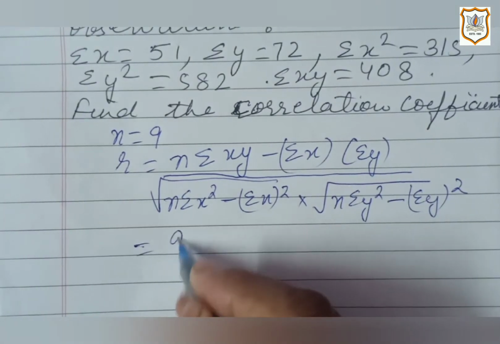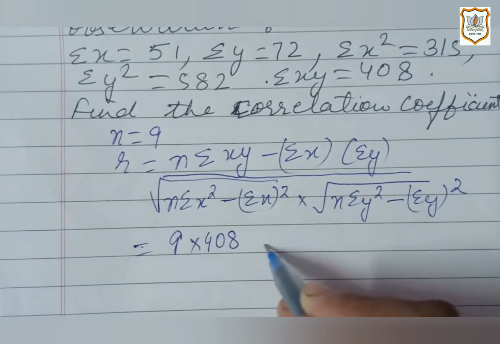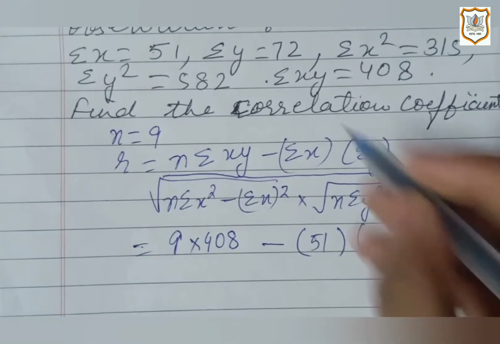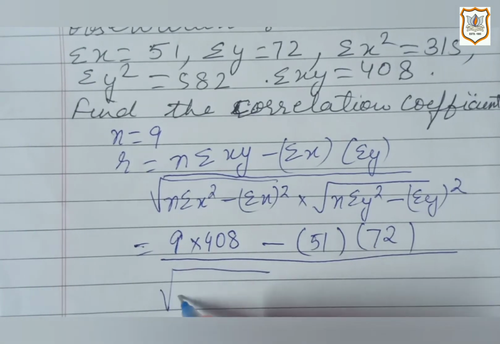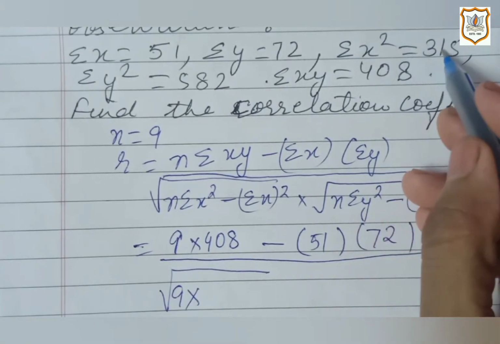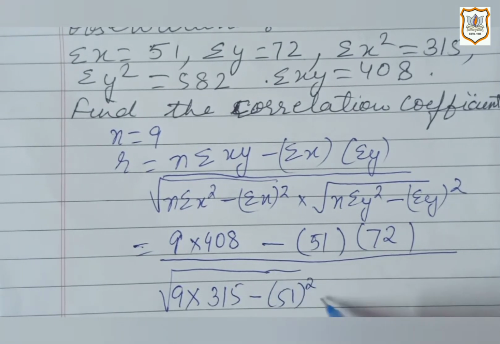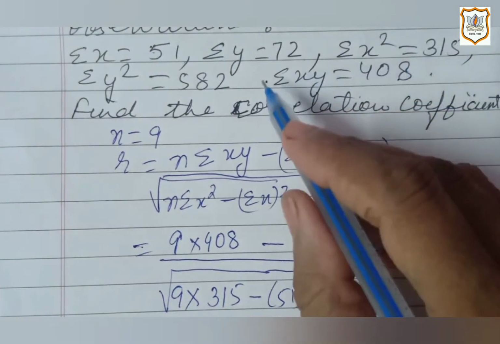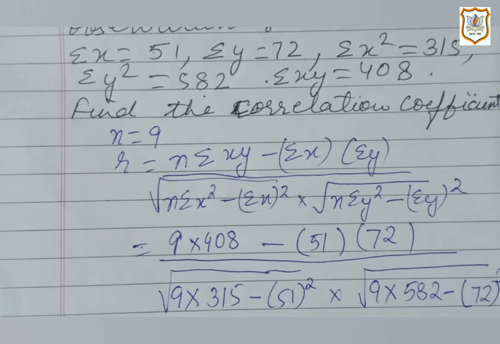N is 9, sigma xy is 408, sigma x is 51, sigma y is 72, divided by under root of 9 into 315 minus 51 the whole square, into under root of 9 into 582 minus 72 the whole square.